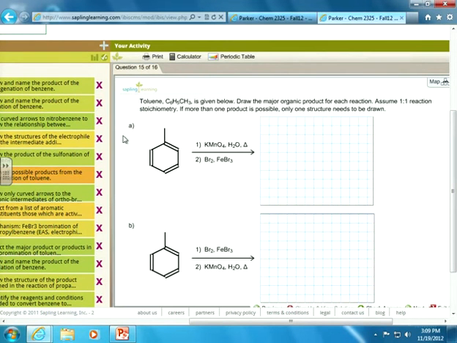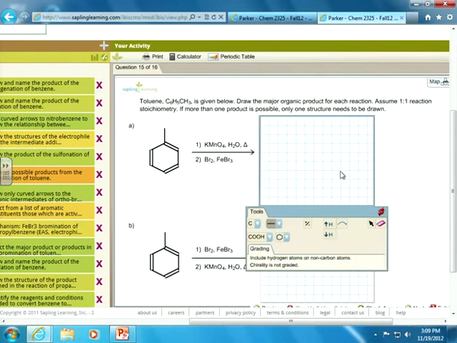For A, what does KMnO4 do to a methyl group? Turns it into a carboxylic acid. So I'm just going to lazily draw this. There we go.